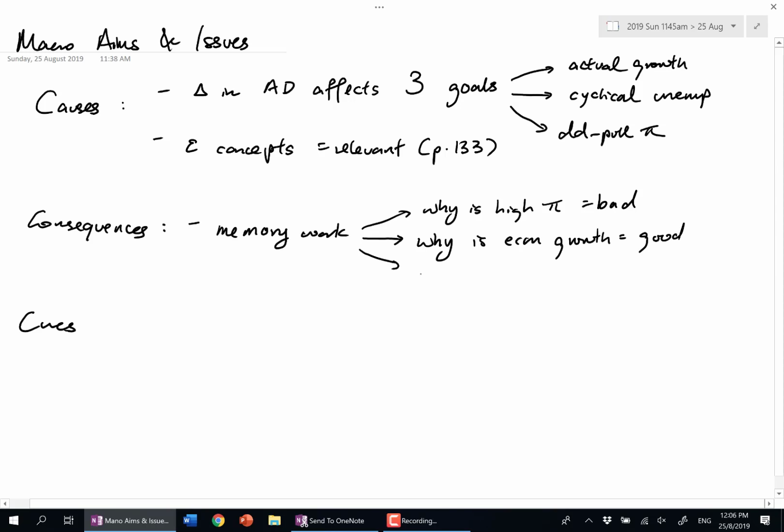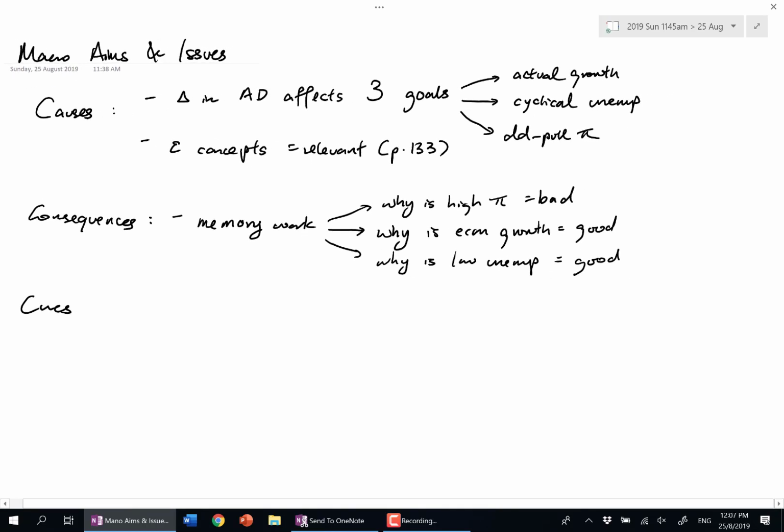Or why is low unemployment good? We had points from page 103 to 106 of my book. I had those points there, but you can refer to your school notes.